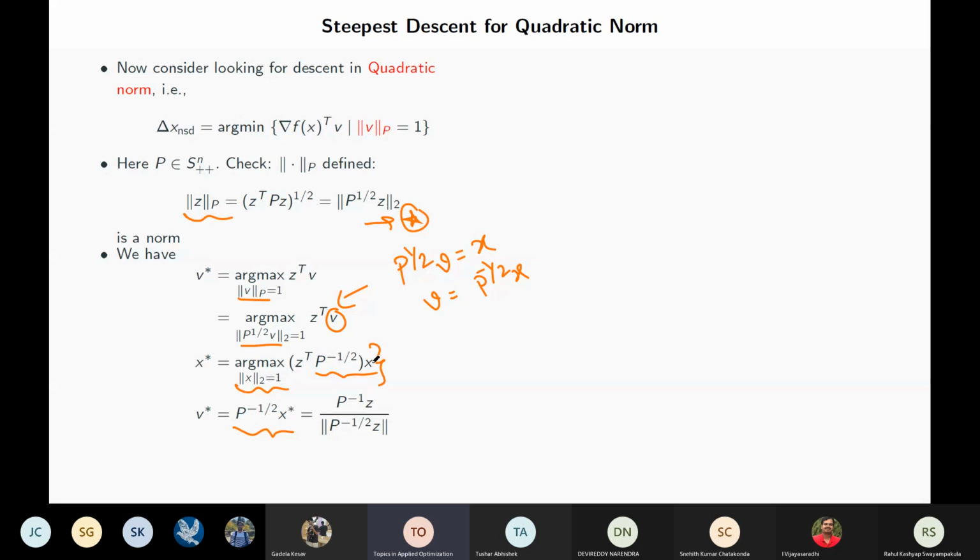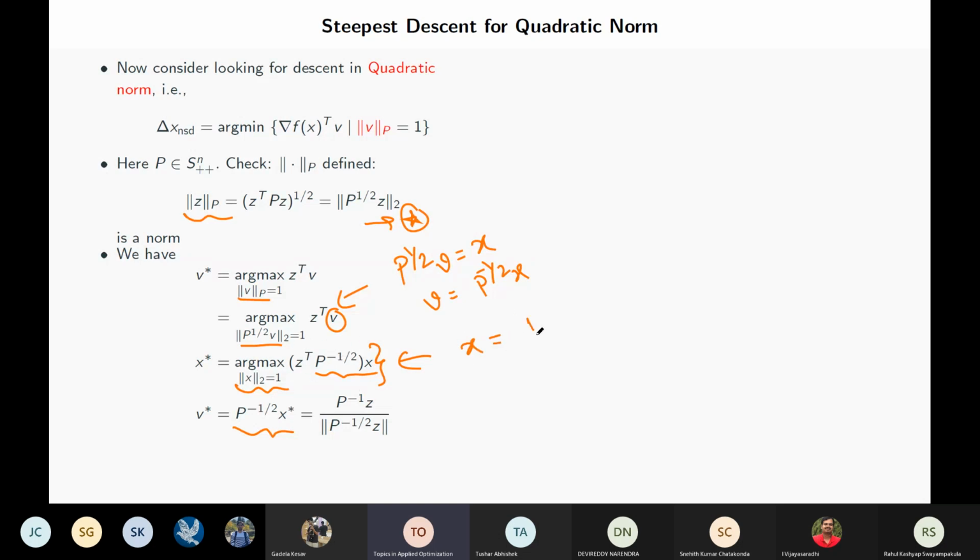By the previous logic, this is the dot product of z transpose P minus half with x, so the choice of x that maximizes it is the same vector, and since it has norm 1, x will be the normalized transpose of this vector.